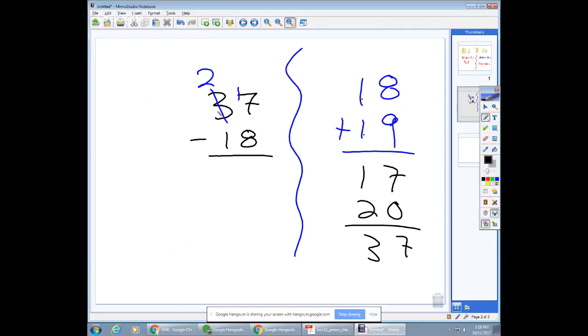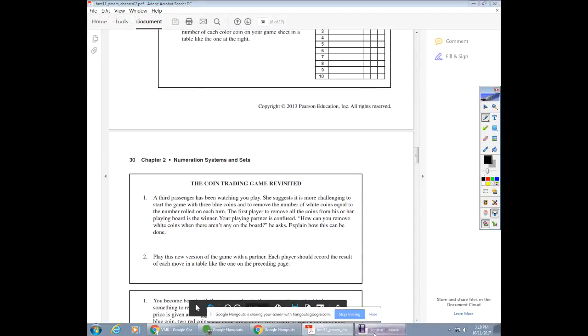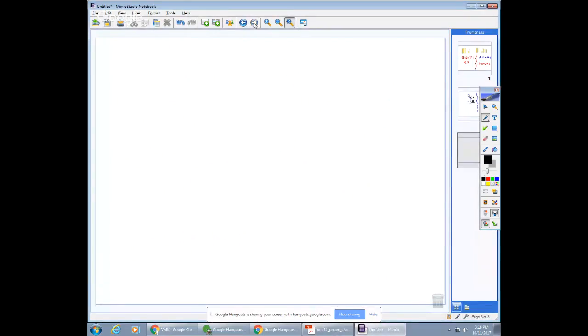Okay, so I'm going to go grab the chips in just a moment so you guys can play with them, but just help me work this out. So I'm going to draw myself a new game sheet here. So I have to consider the roll that I'm at, what I roll, and then I have blue chips, I have red, and then I have white.